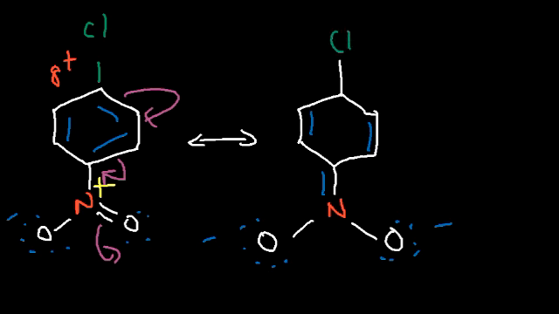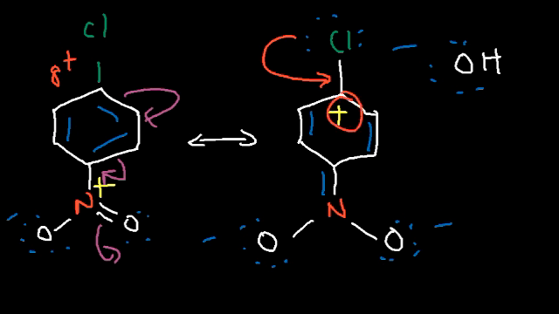Notice that there's a plus charge on this carbon. And so that's another reason why hydroxide is attracted to it. Now, granted, that plus charge is also stabilized by the chlorine atom because the chlorine can donate a pair of electrons to it. So this carbocation is, for the most part, stabilized.